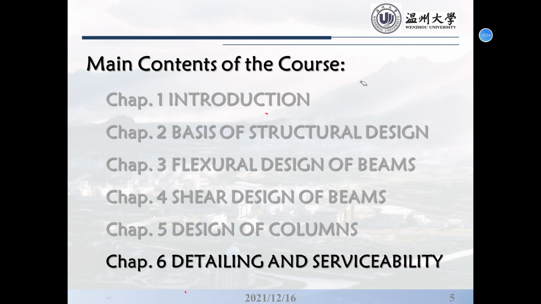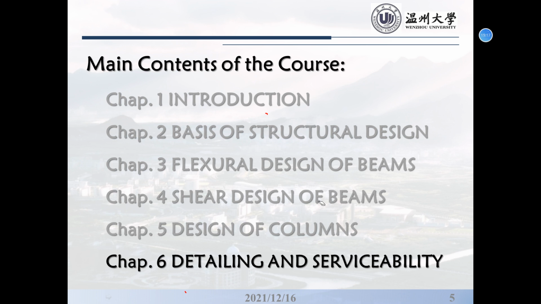Just like a large deflection or cracks occurring on the surface. What else? Other things, right? These belong to the serviceability limit state. And in chapter 6, we will talk about this limit state.